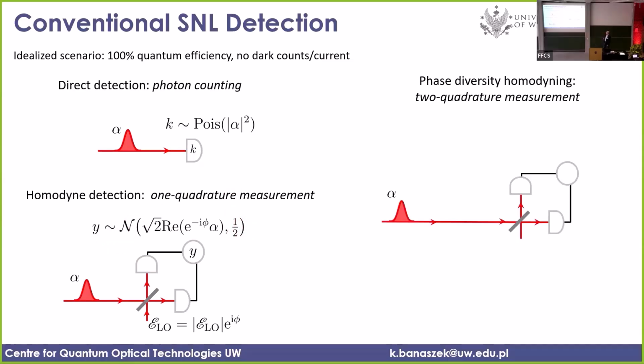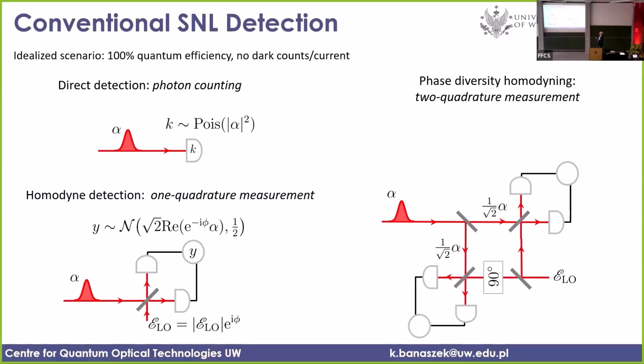And this choice of units is particularly nice if we decide to measure both quadratures by what optical engineers will call phase diversity homodyning, and quantum physicists will call double homodyne measurement or heterodyne measurement, because then what we measure is basically the complex amplitude of our input field with unit Gaussian width, okay?